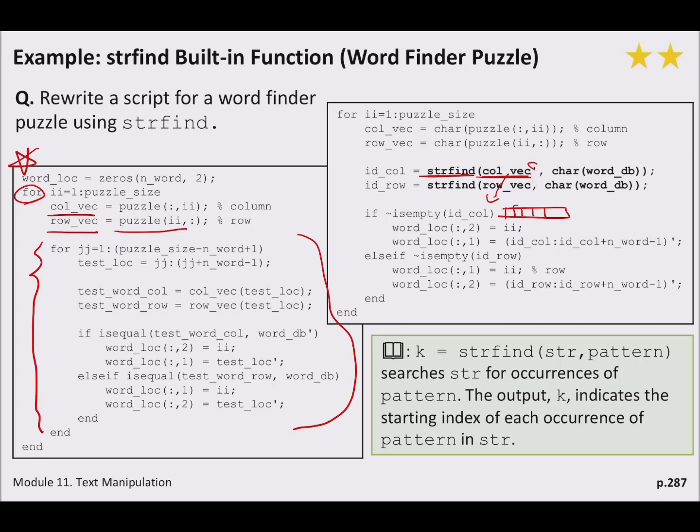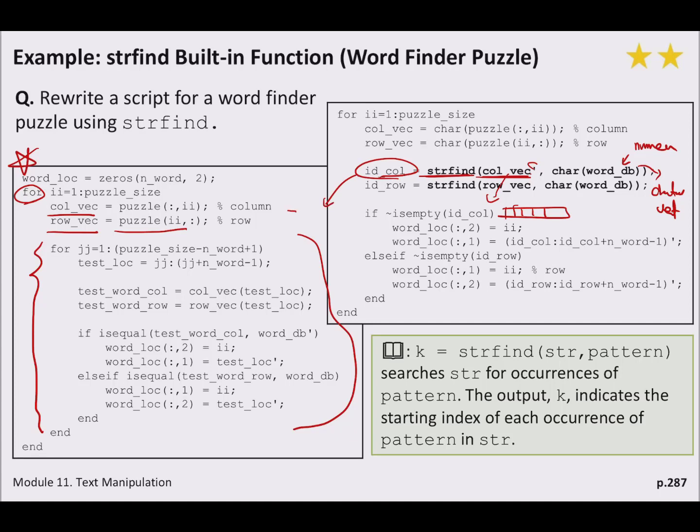And then because here the word db is a numeric value, right? So that's why I convert it to a character vector.